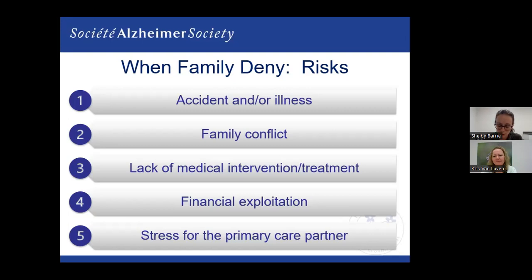these risks are possible. Brain changes in reasoning, decision-making, and memory may mean that the person with dementia also does not seek help for a medical problem that needs attention.